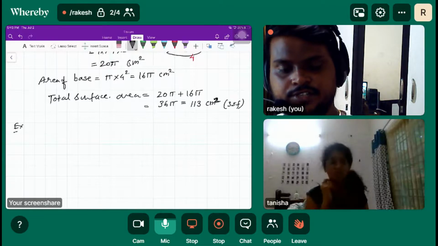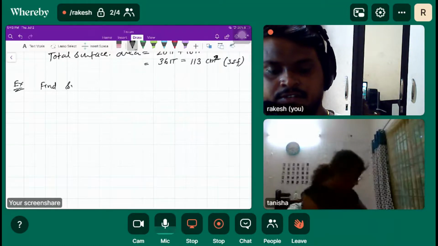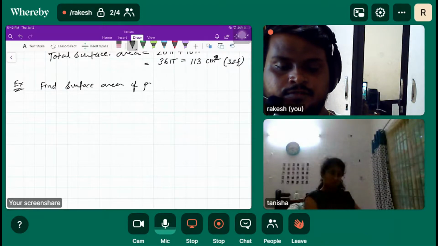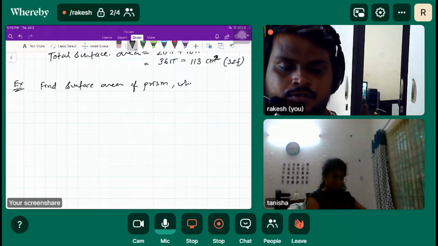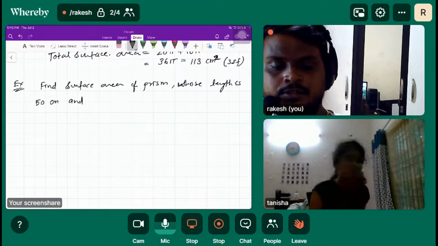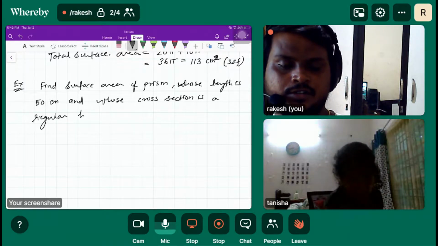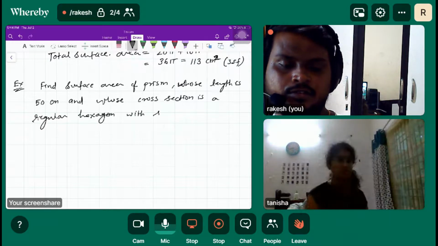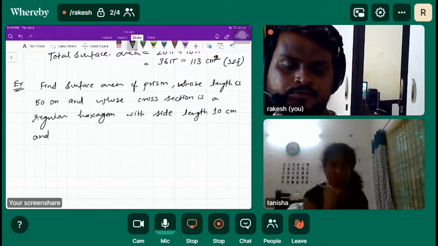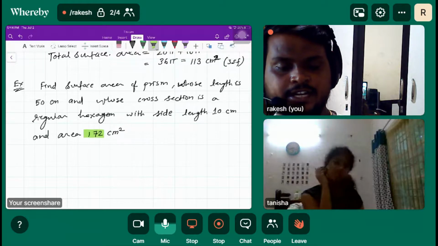The next question is, you have to find the surface area of a prism whose length is 50 centimeter and whose cross section is a regular hexagon with side length 10 centimeter and area 172 centimeter square. First, draw the diagram.